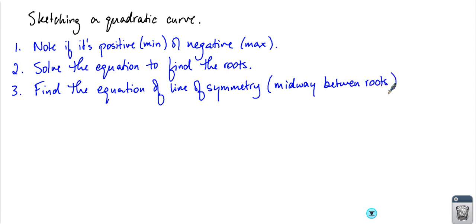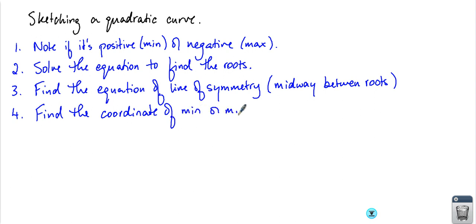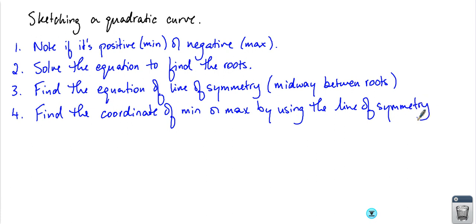Point number four, you would need to find the coordinate of the minimum or maximum by using the line of symmetry, because the line of symmetry always passes through the minimum or the maximum. Number five, you can sketch the curve.